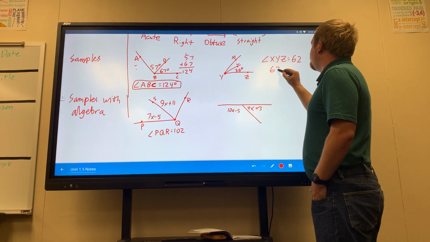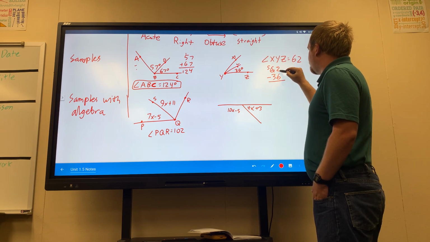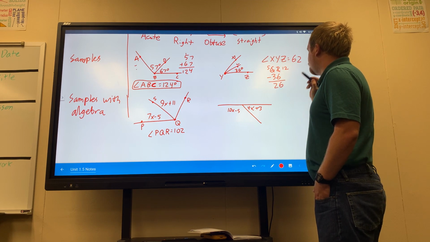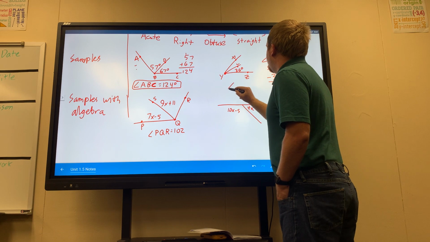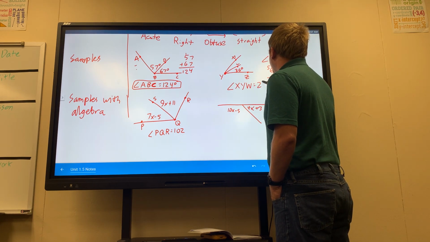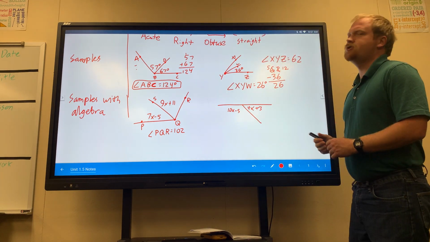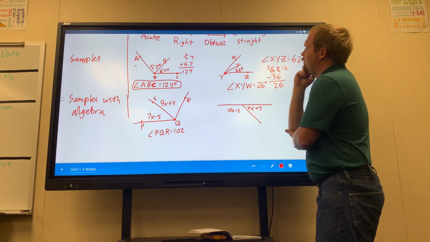So 62 minus 36 is going to give me 26. So angle XYW is 26 degrees.